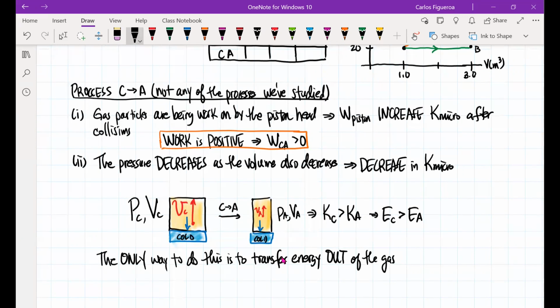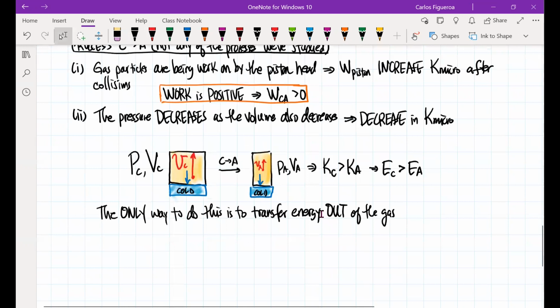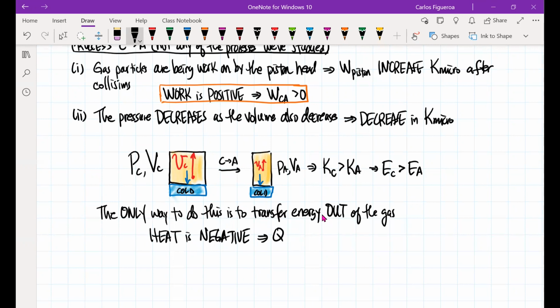In other words, there's a decrease in kinetic energy. So that means heat is negative, which then means that the heating between C and A is now negative.